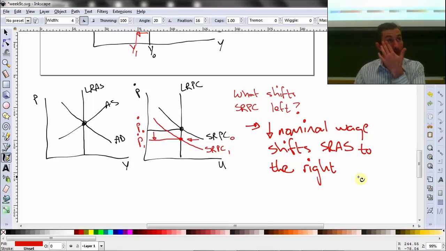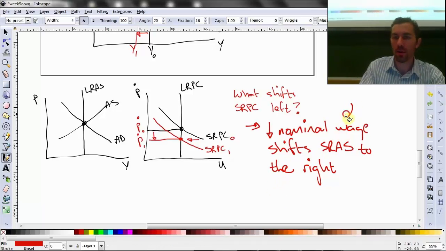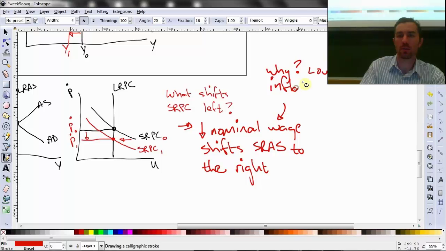Decrease in nominal wage. Why? Because we've lowered inflation expectations.